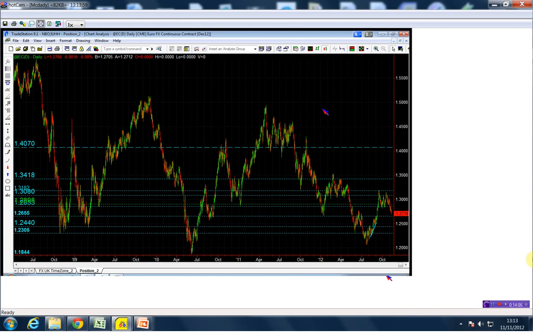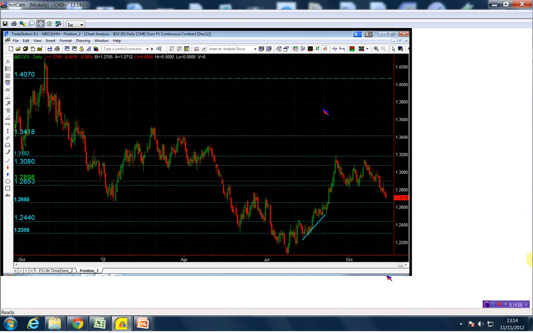And if you look at the euro, this move here, that's a failure to make a high. I mean, we had this very nice move to the upside. We had a small structural failure over here. We had a structural push to the upside. We put the momentum high. We came down.